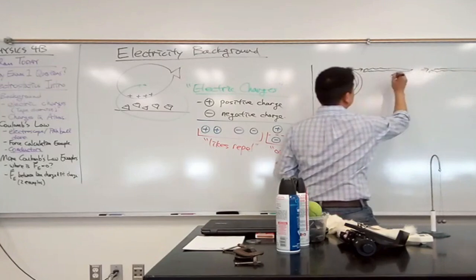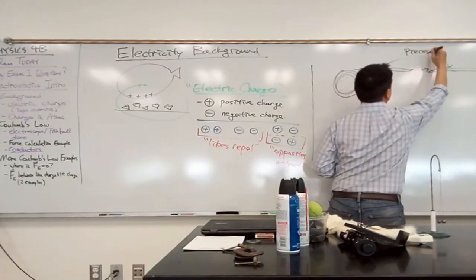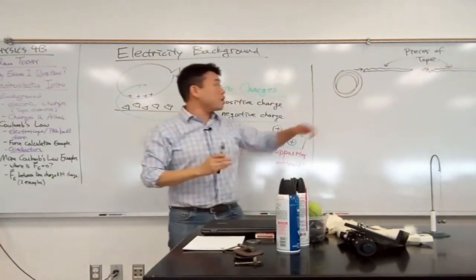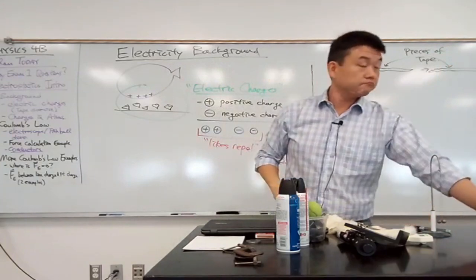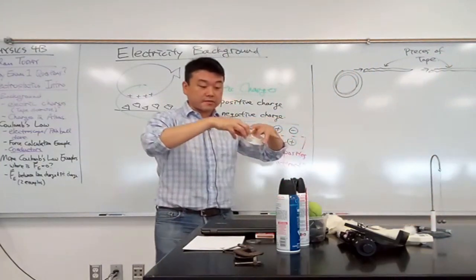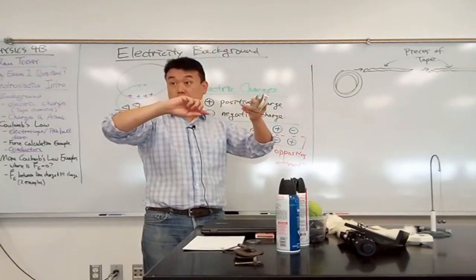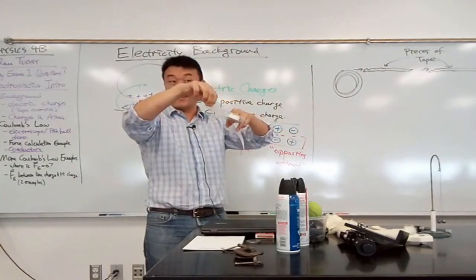So when you look at these two pieces of tape, do you think they will have the same charge or different charge? They got rolled out the same way, right? You have no reason to think that they would have a different charge, unless something weird is going on with the tape.